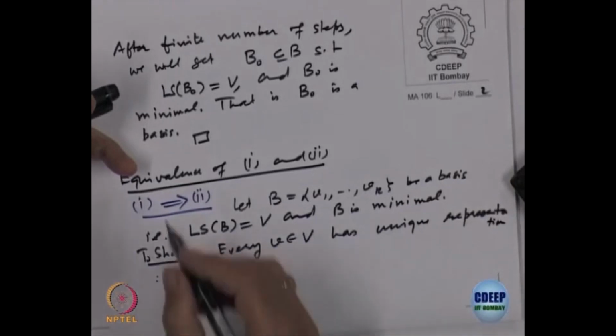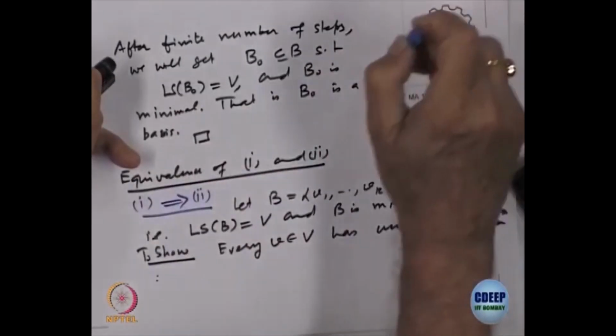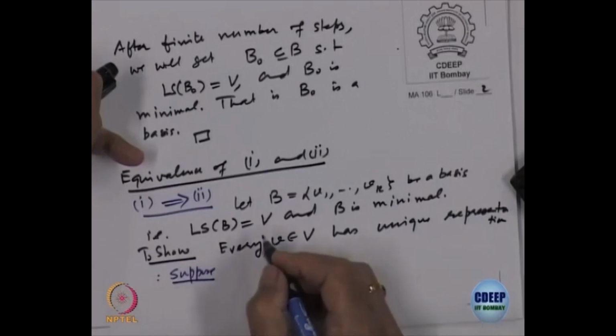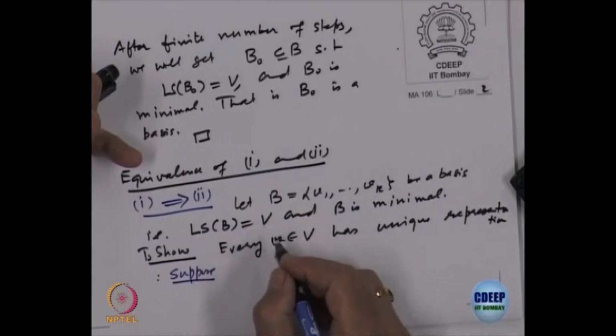So let us suppose not. What is the negation of statement 2? That means there is at least one vector which has two different representations.